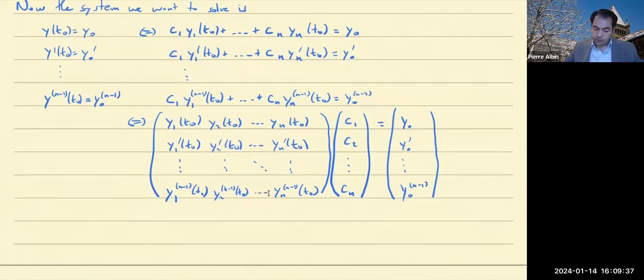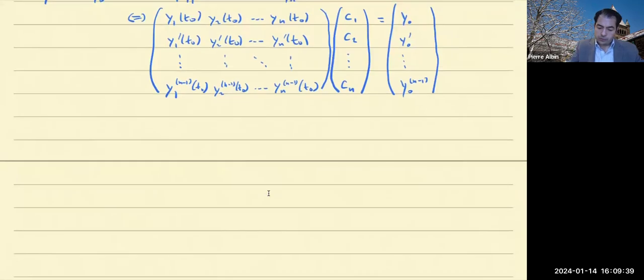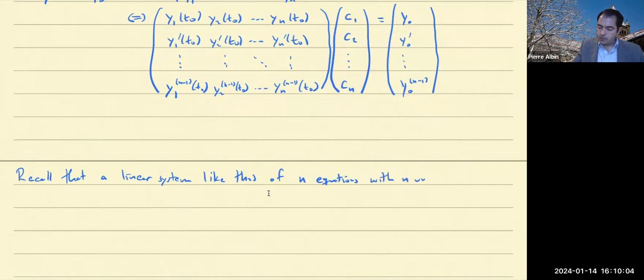Okay, so recall that a linear system of equations like this, of n equations with n unknowns, right? So that means that this matrix has n rows and n columns.